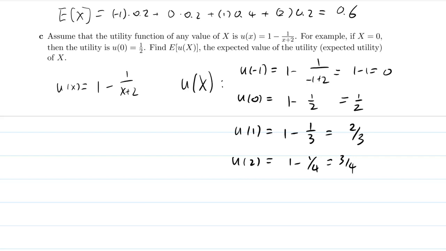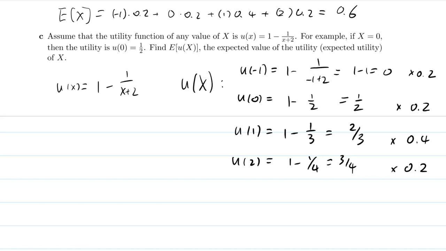Now remember, we also have probabilities of these values. For capital X to be -1, we have probability 0.2. For capital X to have value 0, we have 0.2. This one over here is 0.4, and the next is 0.2.